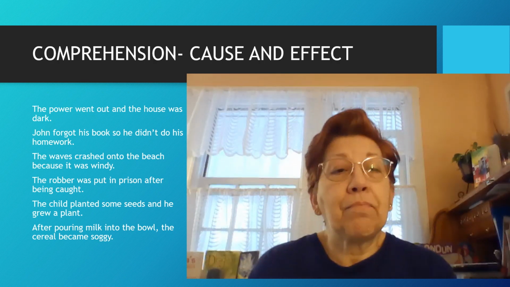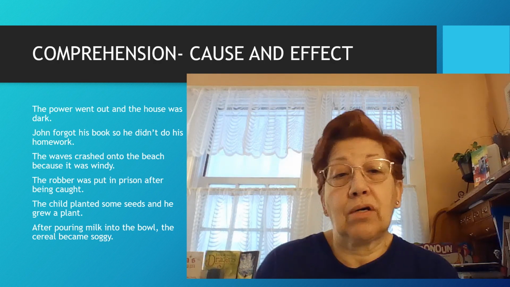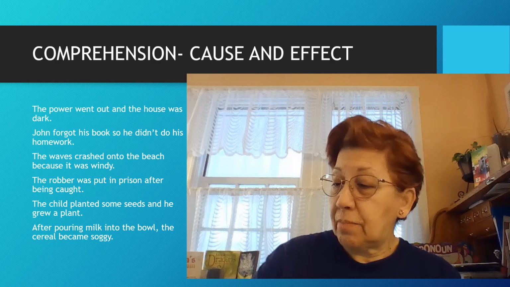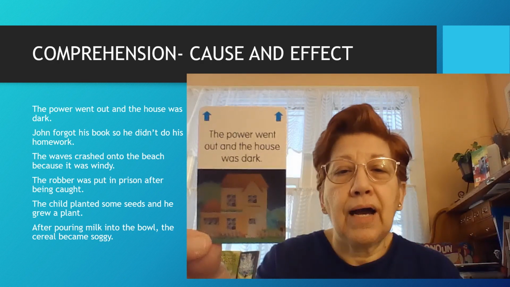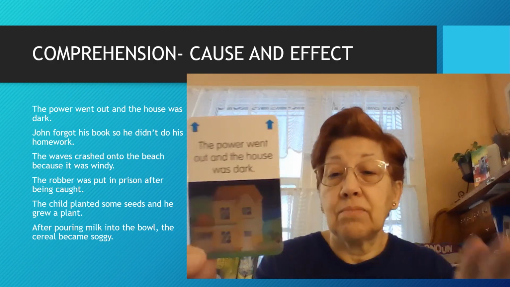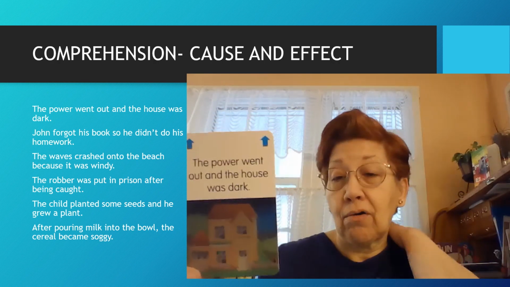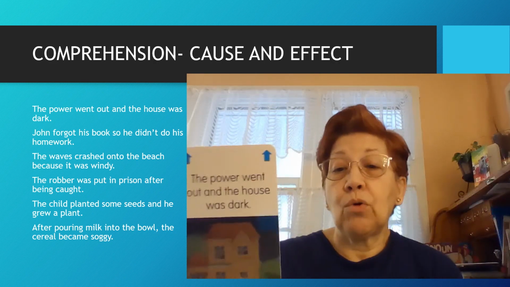Okay, so we have the power went out and the house was dark, right? So the cause is the power went out. And now what happened because that went out?